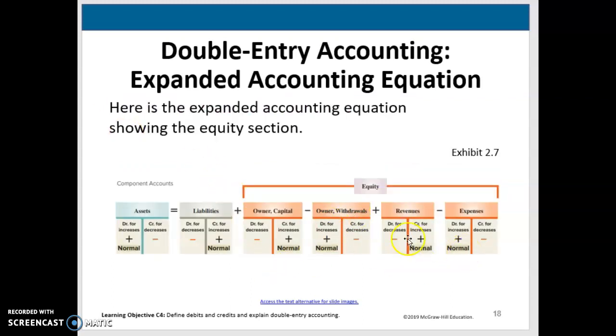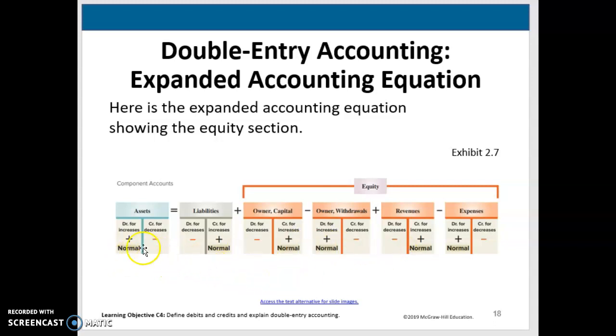If we break equity down a little further, capital and revenues follow the same rule where they increase with a credit and decrease with a debit. Withdrawals and expenses follow the opposite rules, where they decrease with a credit and increase with a debit. Again, that cheat sheet I provided in the chapter resources tab is going to be really important because it gives you the summary of all of these rules and tells you how to increase or decrease an account.